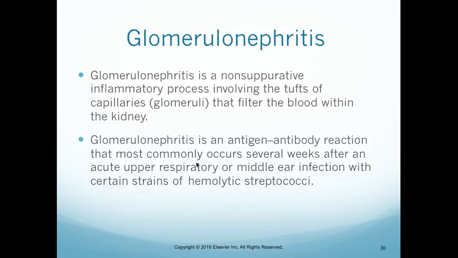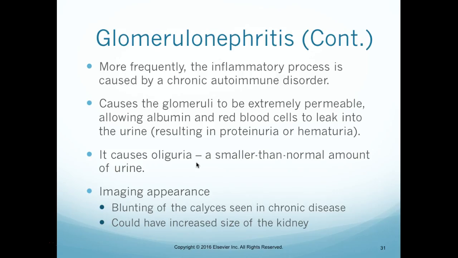So crazy, huh? More frequently, the inflammatory process is caused by a chronic autoimmune disorder. It causes the glomeruli to be extremely permeable, allowing albumin and red blood cells to leak into the urine, resulting in proteinuria and hematuria. It causes a smaller than normal amount of urine.